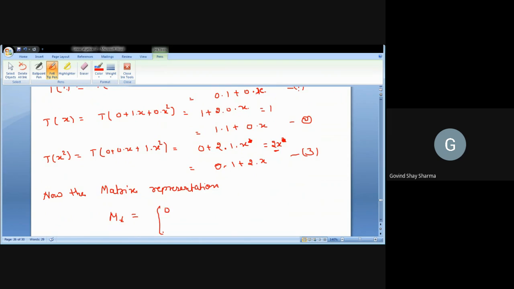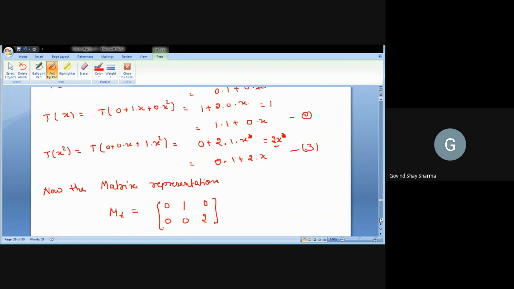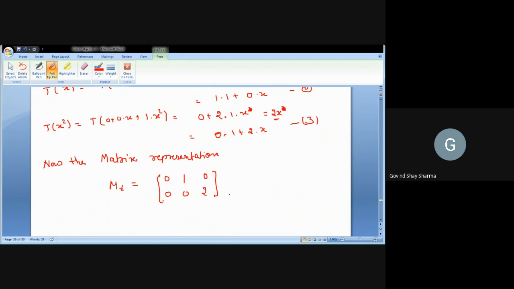The transpose is 0 0, 1 0, 0 2. This is the matrix form, and the order of the matrix is 2 into 3, because the number of rows is 2 and the columns are 3. So this is the matrix form.